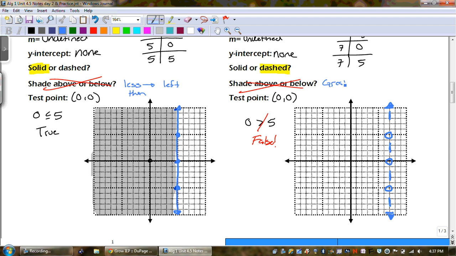Greater than means we shade right. So for this one, you're going to shade everything to the right. And there you go.